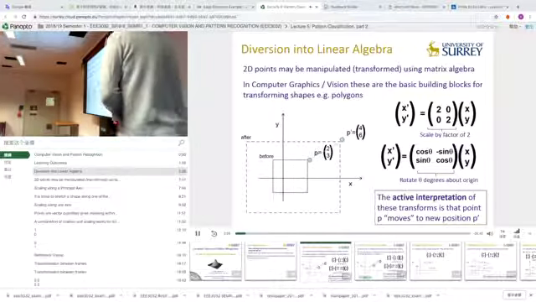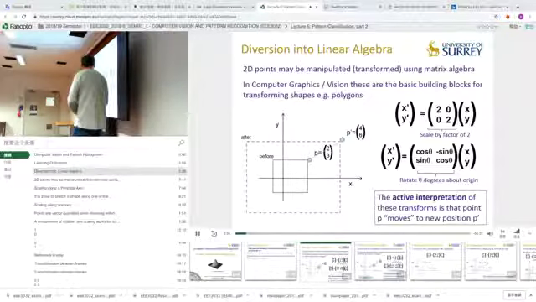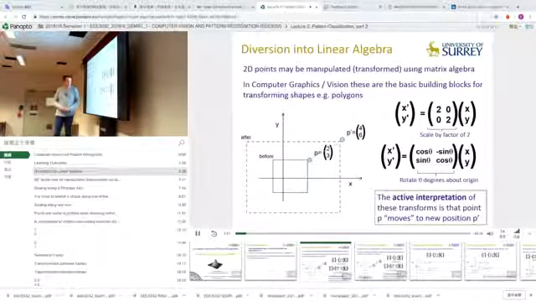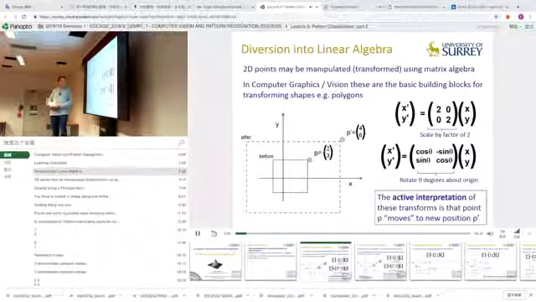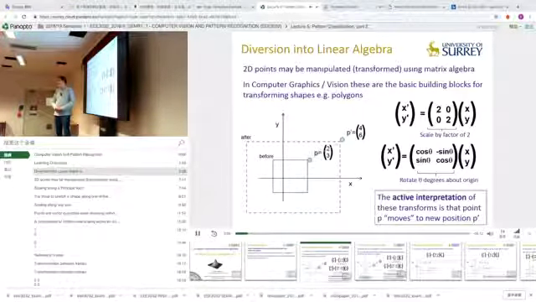Okay, so right, diversion first of all into linear algebra. Hopefully, many of you have done this at college, or maybe if you took a graphics module, you've done some of this before. If I've got a shape, like this polygon here, in 2 dimensions, defined by 4 vertices that exist on these axes x, y, then I can transform that shape into some new location by performing a matrix multiplication on each of those vertices that makes up that shape.